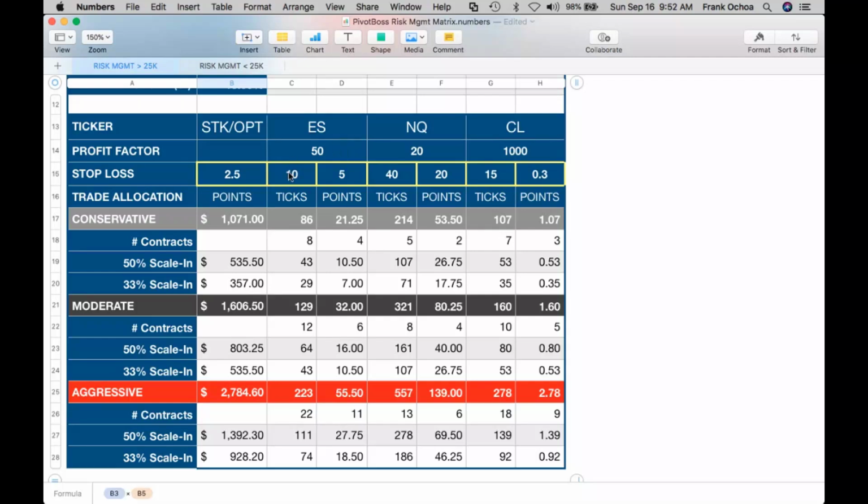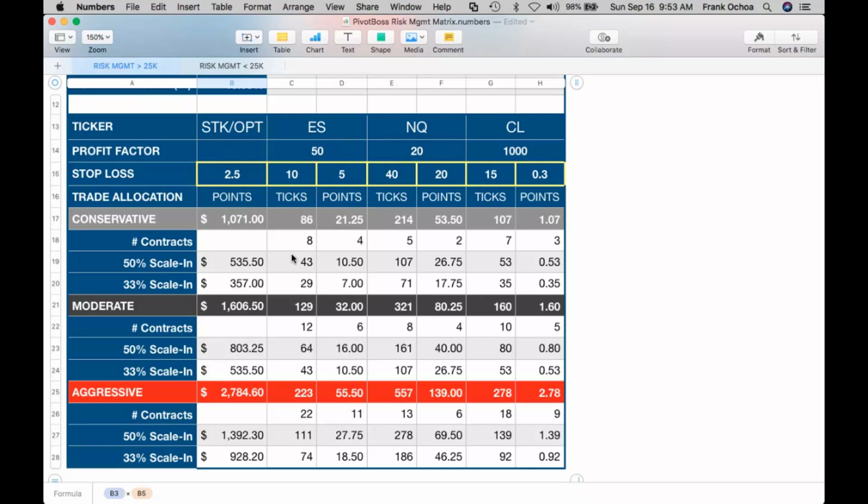With the ES over here, it's showing you ticks and points. So these are your stop loss over here. So if you have 10 ticks stop loss in the ES, that's 2.5 points. You can risk 86 ticks total if you're going to risk $1,000.71, right? That means that you can risk a total of 8 contracts at that amount.